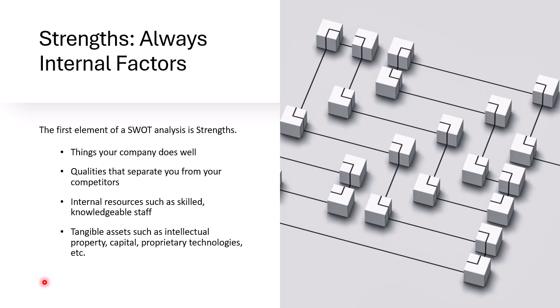So when we look at the strengths, we are always looking at those internal factors, things our company does well, qualities that make us unique out there in the marketplace and separate us from competitors. Factors can include our internal resources, our skilled or knowledgeable staff, our brand.